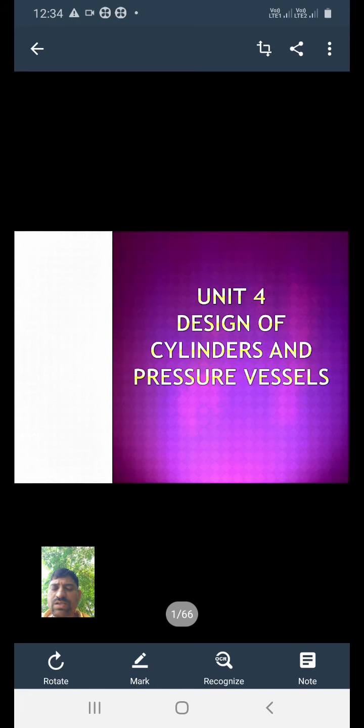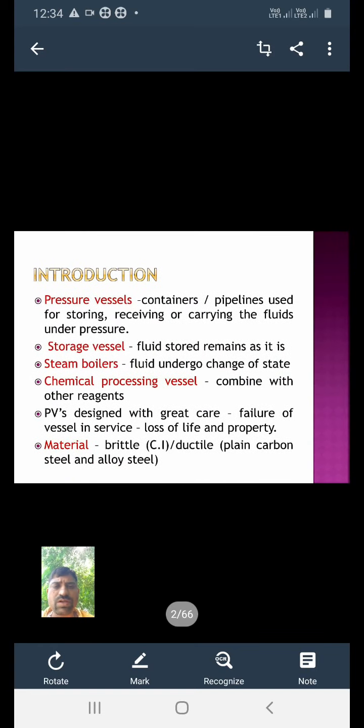Then second last, support for the pressure vessels. There are different types of support given for the pressure vessel, for the horizontal and vertical pressure vessel. We'll see in detail. This is given in your syllabus. Then next we'll go on to the next slide.